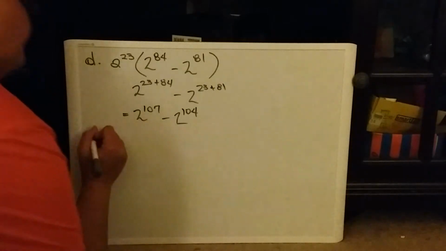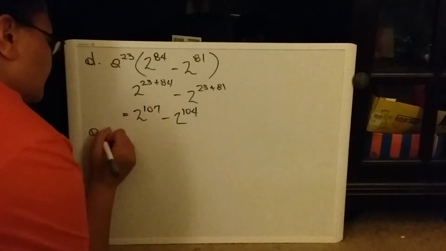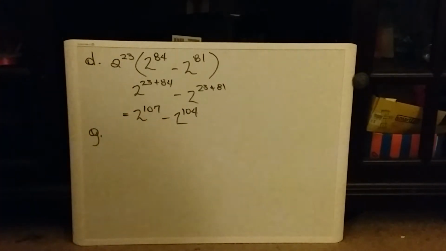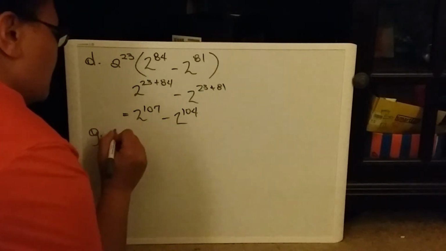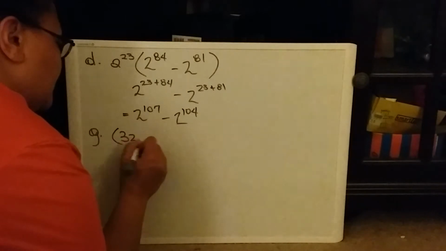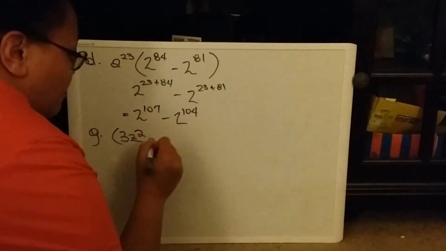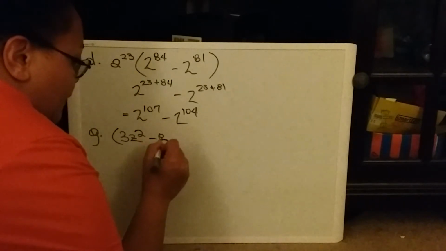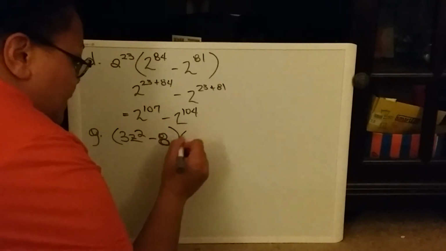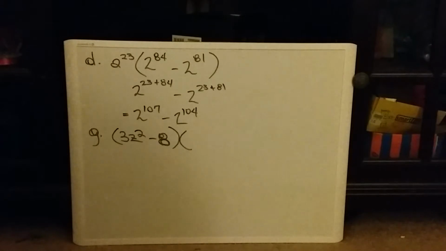G. So G says 3z squared minus 8 times 3z squared plus 8.